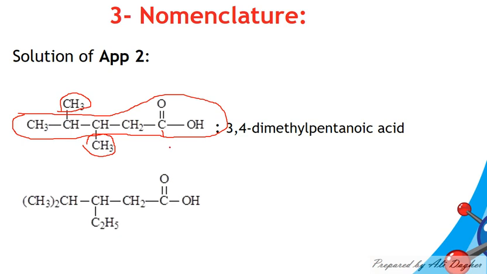The other example, (CH3)2CH, C2H5, CH2COOH. When we have (CH3)2CH, that means this carbon is connected to two CH3 groups: the first CH3 on the line and the second CH3 as a branch.